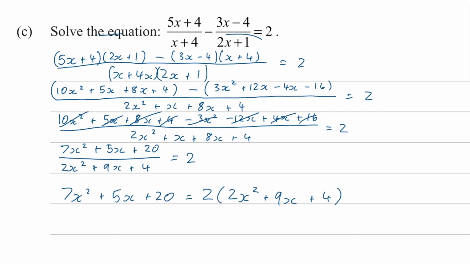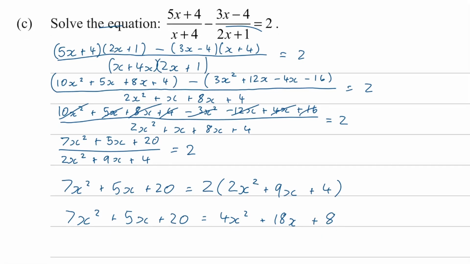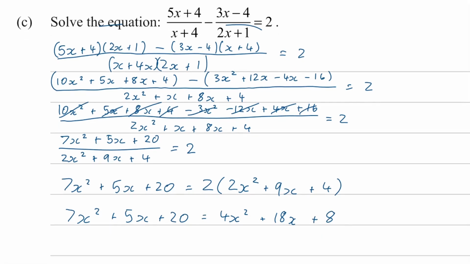We can, of course, expand the right-hand side. 2 times 2x squared plus 2 times 9x plus 2 times 4. Whew. Yep, a lot of work, I know. We could have also just used our calculator right at the start, but it is an algebra paper, so you need to show some evidence of your algebra skills.